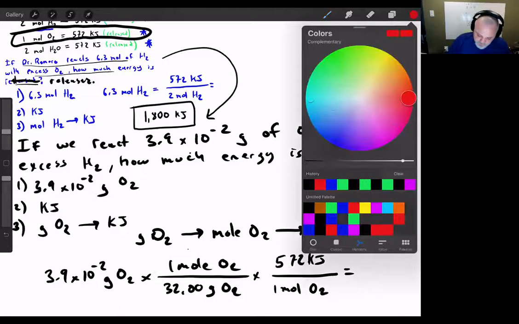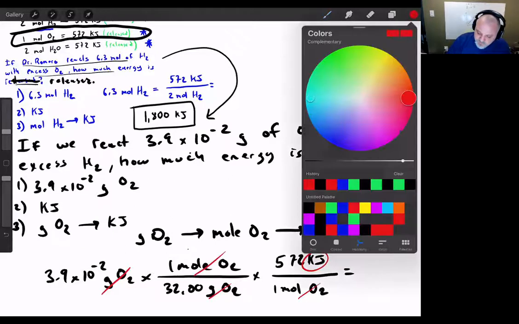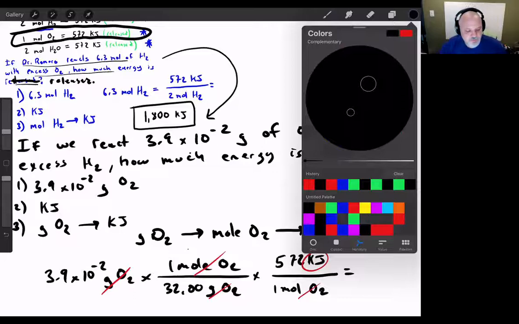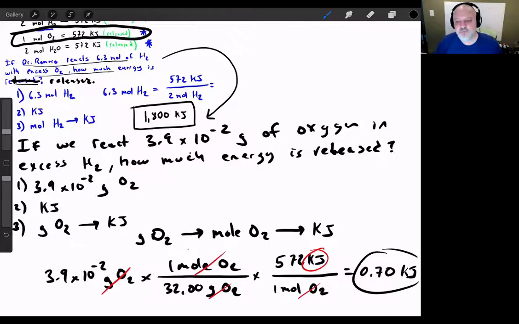And so unit analysis: grams cancels with grams, moles with moles. We're left with kilojoules. That's what we want. So the rest is just the math department here. 3.9 times 10 to the negative 2 divided by 32 times 572, and we get 0.70 kilojoules.